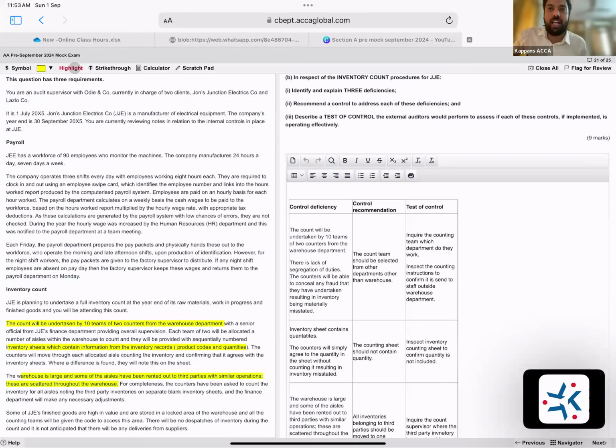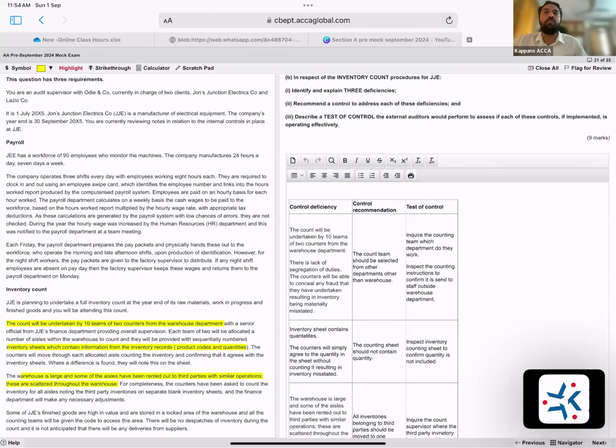There is a chance that JJE's counting team might wrongly count and include this inventory of the third party as JJE's inventory, which will result in overstatement or overvaluation of inventory. What will be your control recommendation? The third-party inventory should be stored separately, marked, and should not be counted at all.